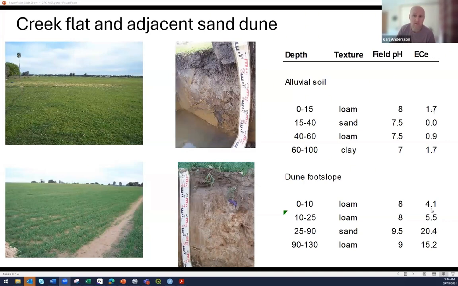And I'll come back to some of these numbers. But as we're pushing up into this sand dune here, we're getting some salts accumulating, or salts present in the subsoil there. So while those aren't directly carbon related, they influence and have an effect on plant growth, and therefore the movement of carbon through our soils.